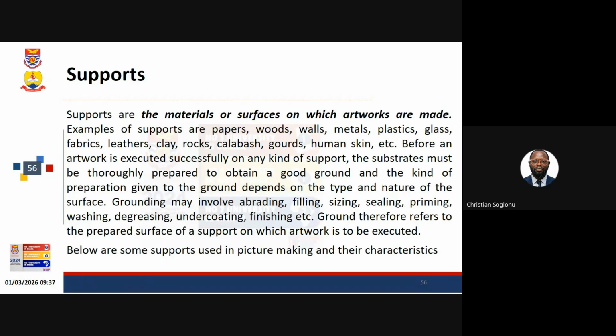Examples of supports are papers, wood, walls, metal, plastics, glass, fabrics, leathers, clay, rock, calabash, gourds, human skin, etc. Before an artwork is executed successfully on any kind of support, the substrate must be thoroughly prepared to obtain a good ground, and the kind of preparation given to the ground depends on the nature of the surface.